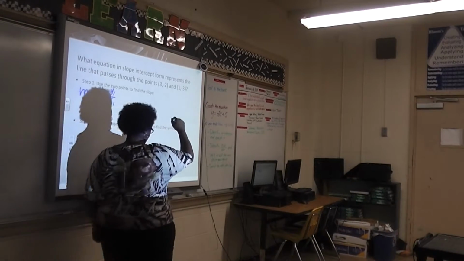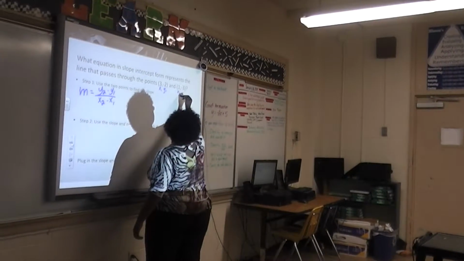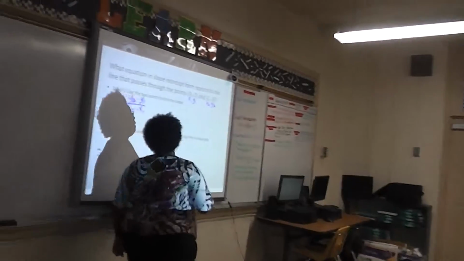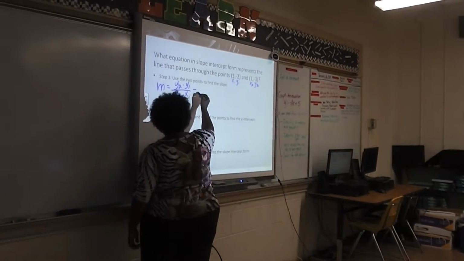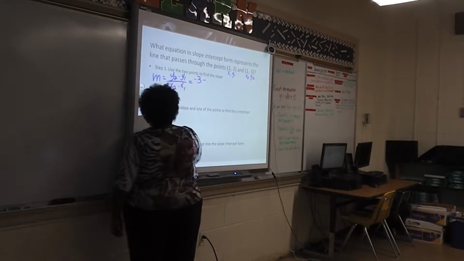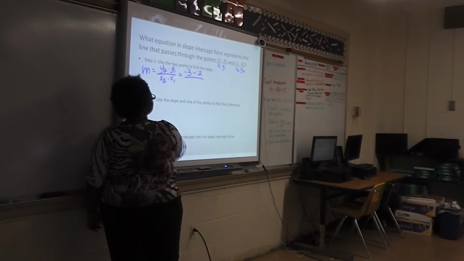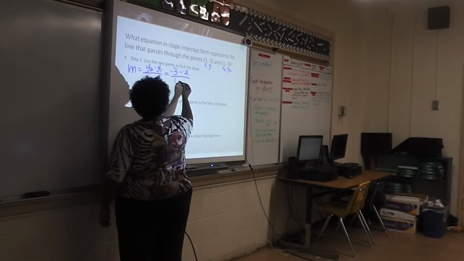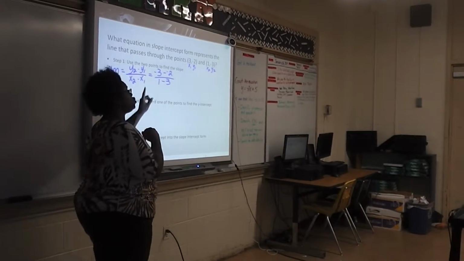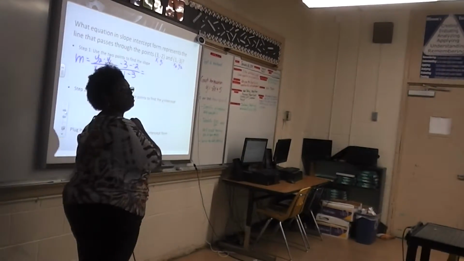We need to label our points, so they're going to be X1, Y1, X2, Y2, correct? Mm-hmm. All right, so what numbers do I plug in at the top of my fraction? Negative 3 minus negative 2, over 1 minus 3. Very good. So when I do my subtraction, what do I end up with at the top of my fraction?